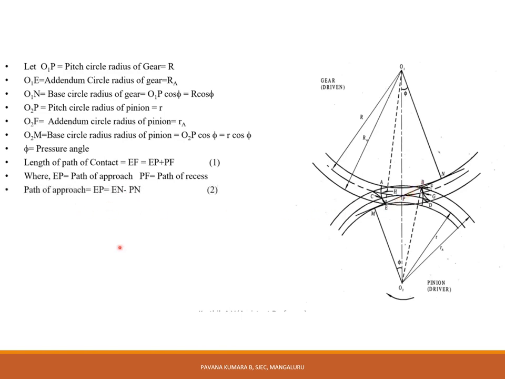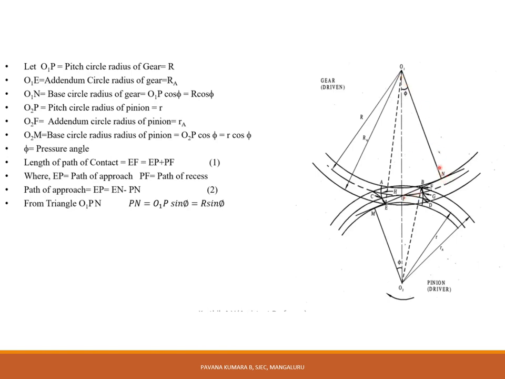First we find the path of approach. The path of approach is EP. We can write EP in terms of EN minus PN. Next, from the triangle O1PN, take this triangle.